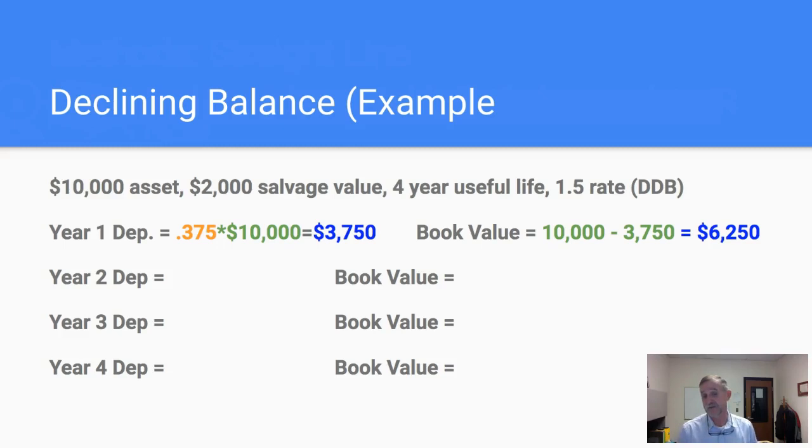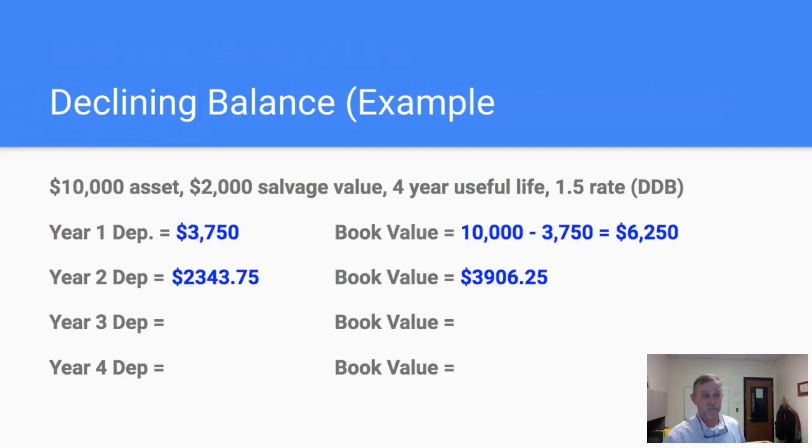You get 3,750. Now that might line up a little better with what I want to have happen within that asset as far as the depletion, using up of that expense per year. It's more than the straight line method would provide me, but less than the double declining balance.